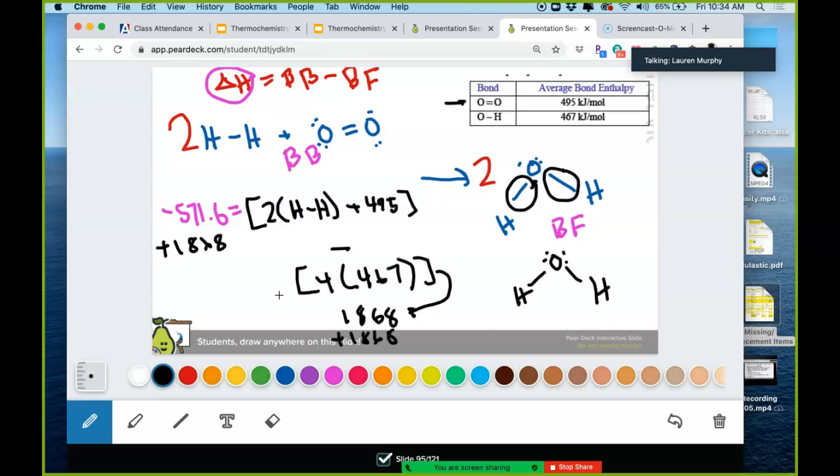So this ends up being, sorry, I'm going to do it down here, 1296.4 equals 2 hydrogen molecules and then the oxygen, so 495. So now I'm going to subtract 495 from both sides, right? All I'm trying to do is isolate.